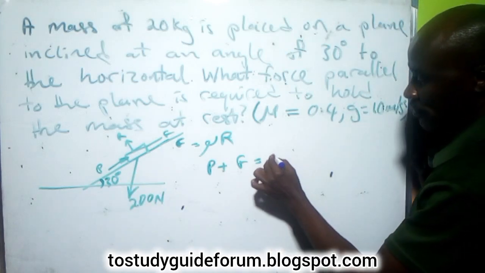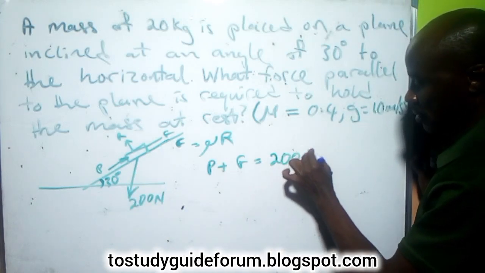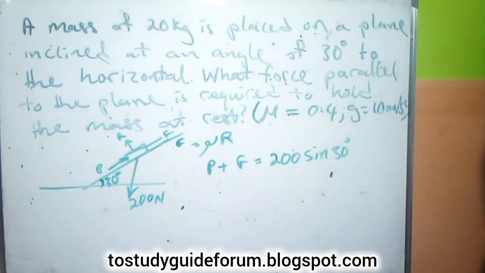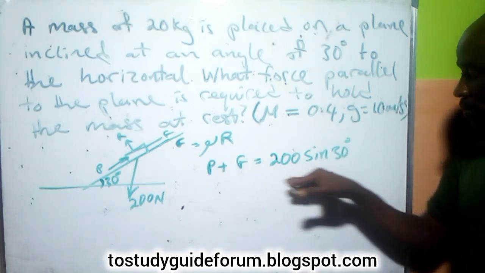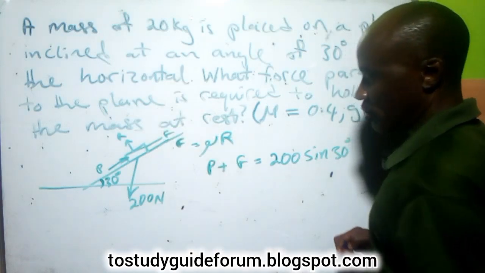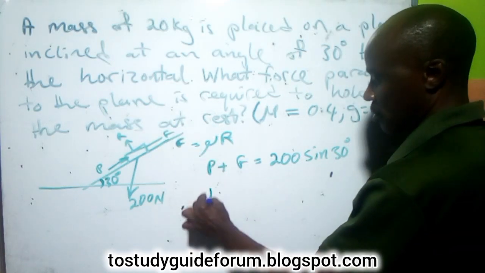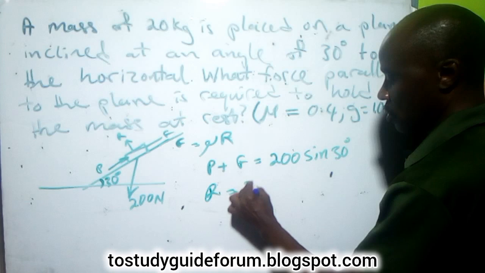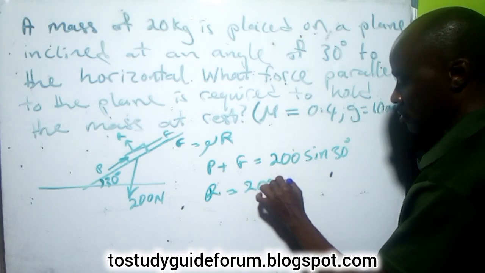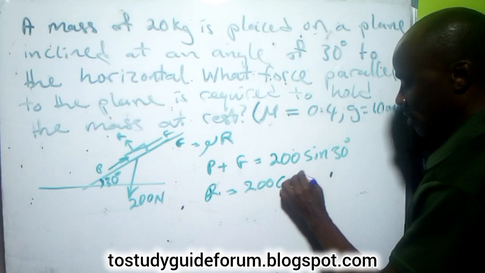The vertical component of that force is 200 sine 30 degrees. That is what we have. This P plus F will give us that vertical component. And we know that the normal reaction is equal to what? 200 Newton. Okay, let's just save that down.